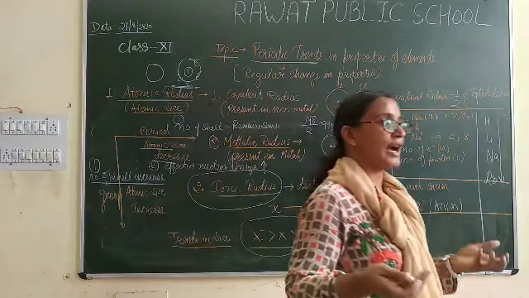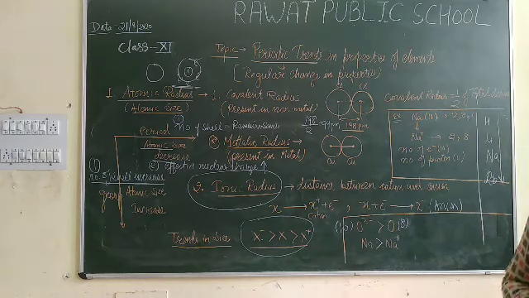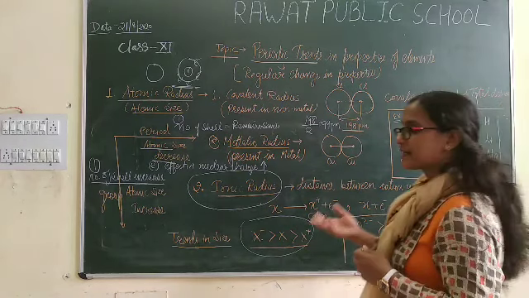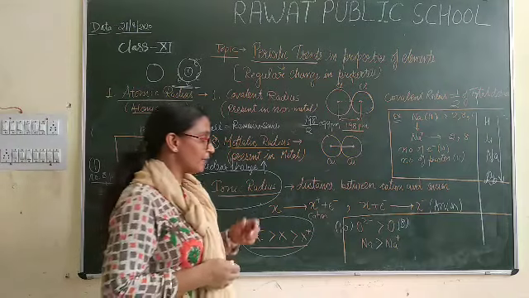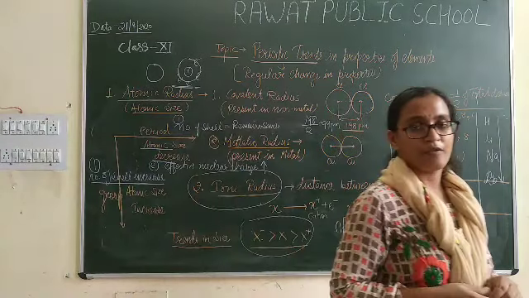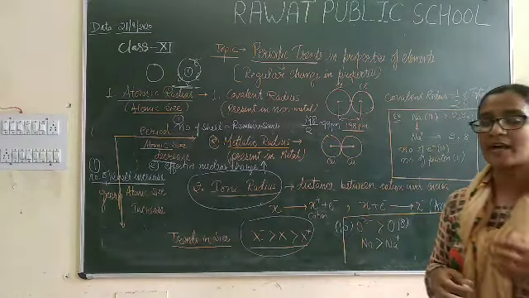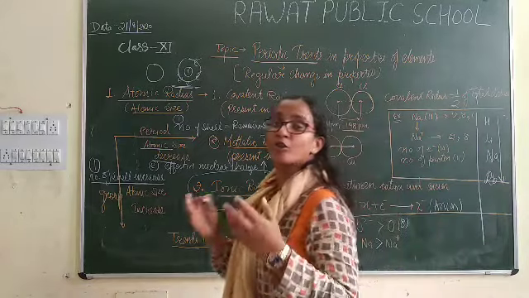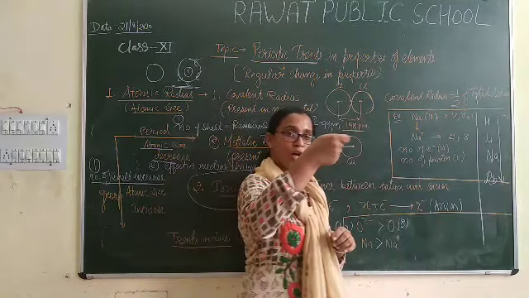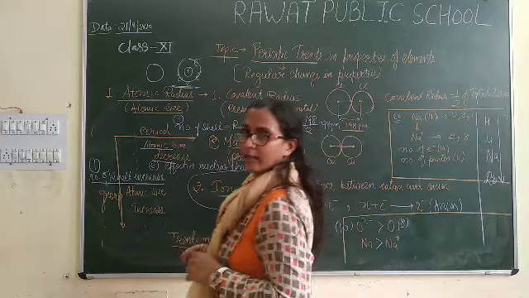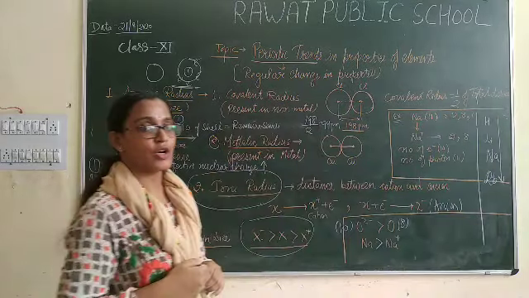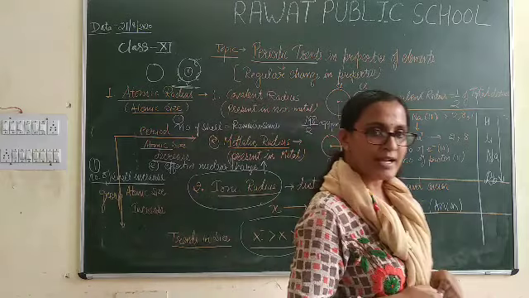In this example, we have tried different kinds of examples from your books also. For example, if we consider chlorine, we know that chlorine has 7 electrons in the outer shell. So one electron is needed to complete its octet. If it takes one electron, it will be converted into Cl-.